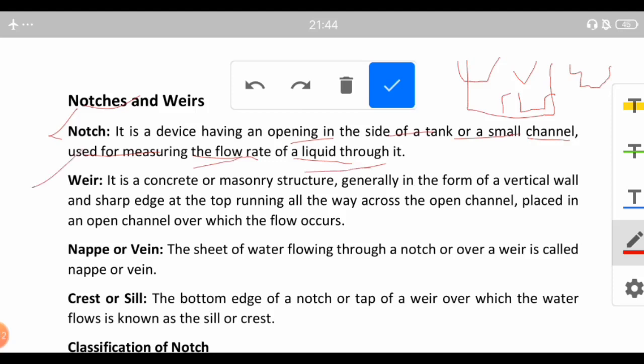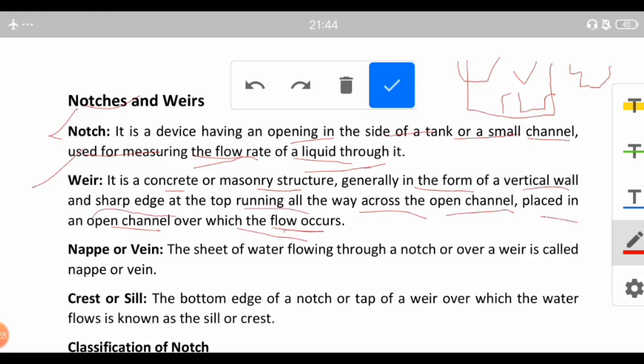Whereas a weir is a concrete or masonry structure, generally in the form of a vertical wall with a sharp edge at the top, running all the way across the open channel, placed in an open channel over which the flow occurs.